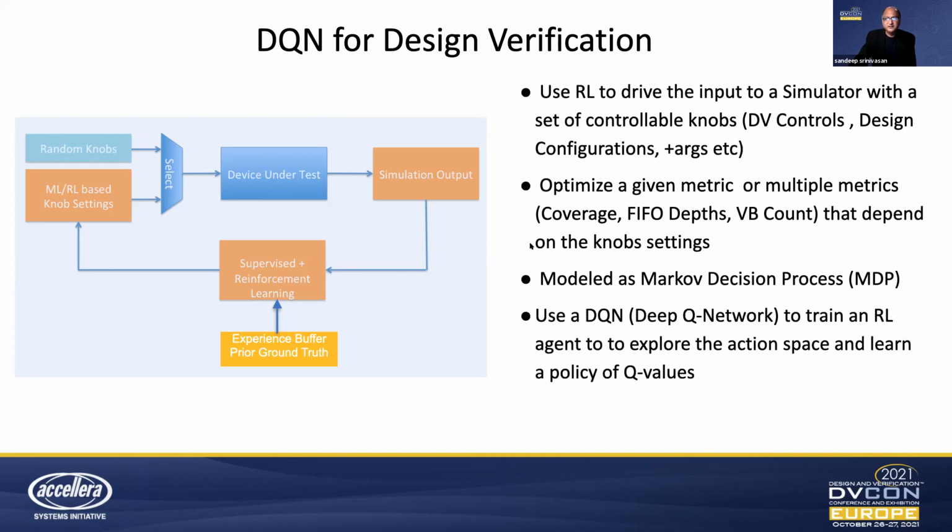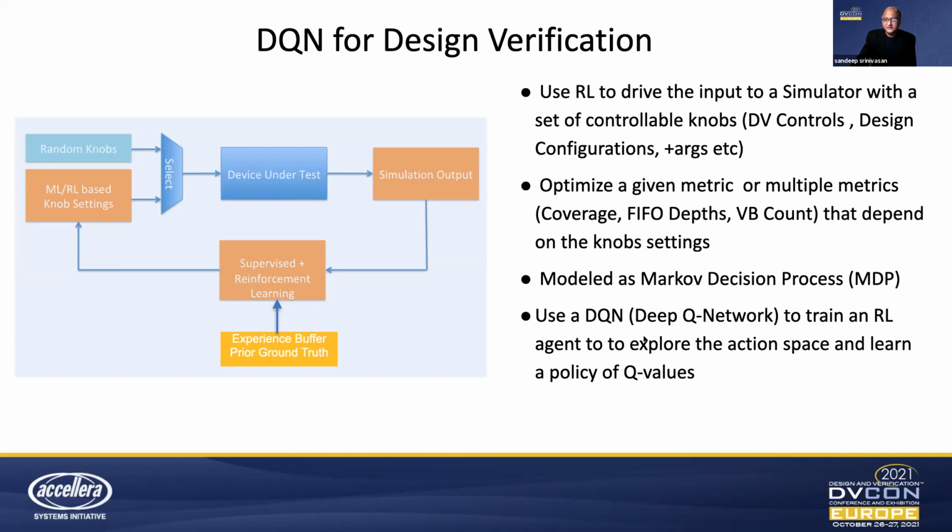So the DQN is modeled, or this problem is modeled as a MDP, Markov decision process, where it's a mathematical model for control systems where the current state is sufficient for the software agent to take an action.